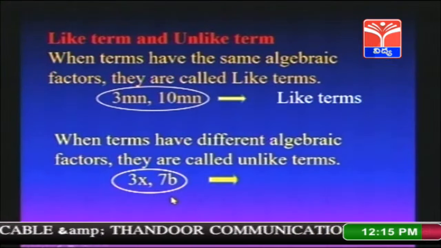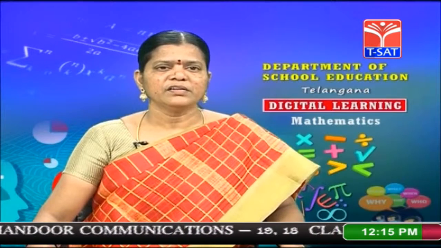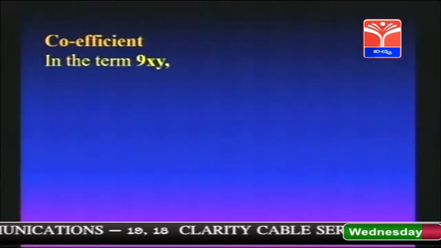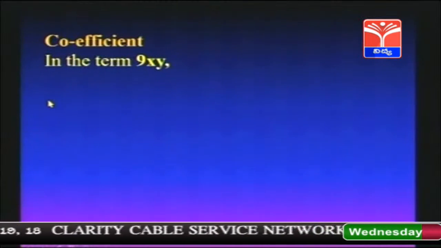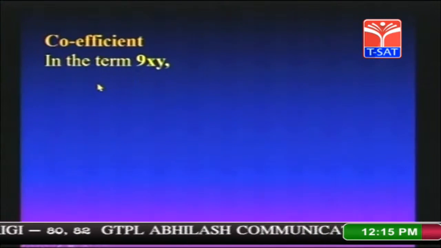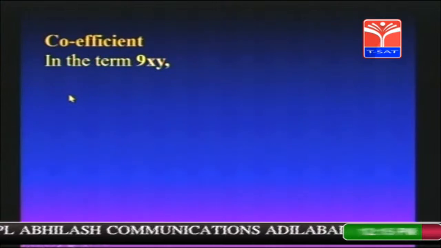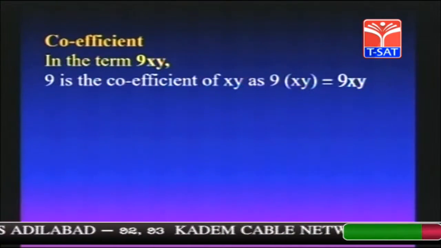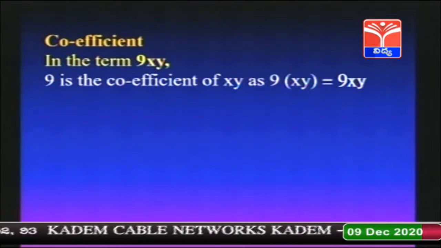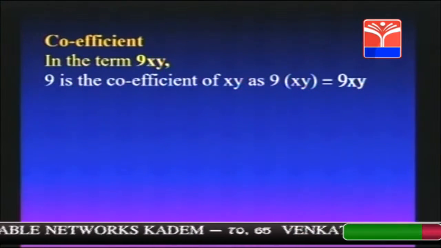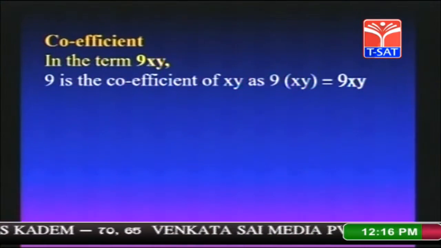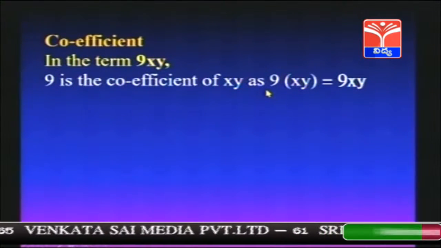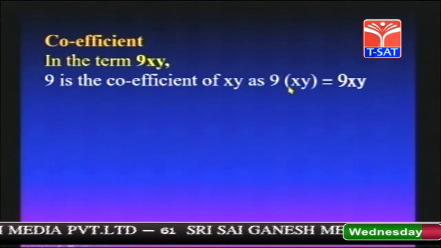Now what is the coefficient and how do you write the coefficient of a single term? Children, let us observe a single term here, 9xy, and how the coefficients are written. So first let us take 9 is the coefficient of xy, we can say. Why children? Because 9xy can be written as 9 into xy.